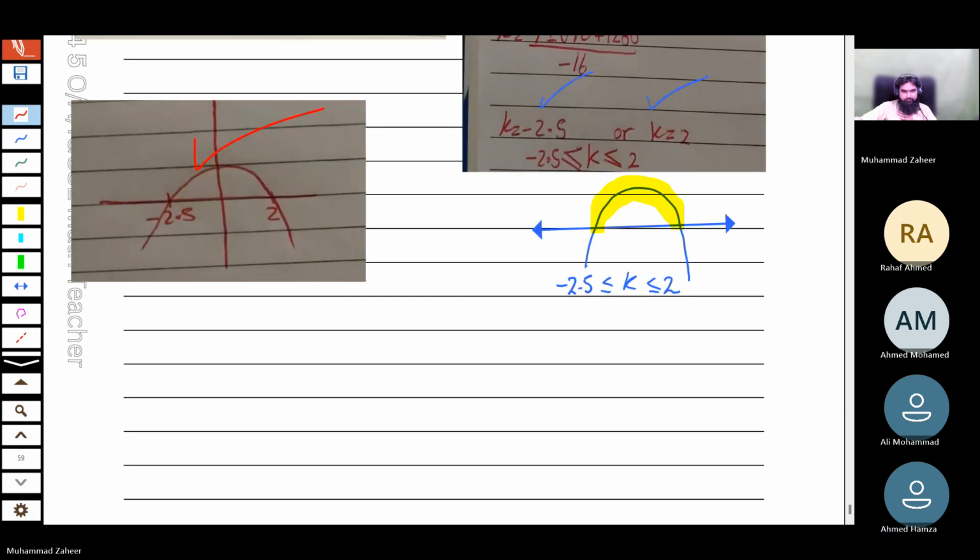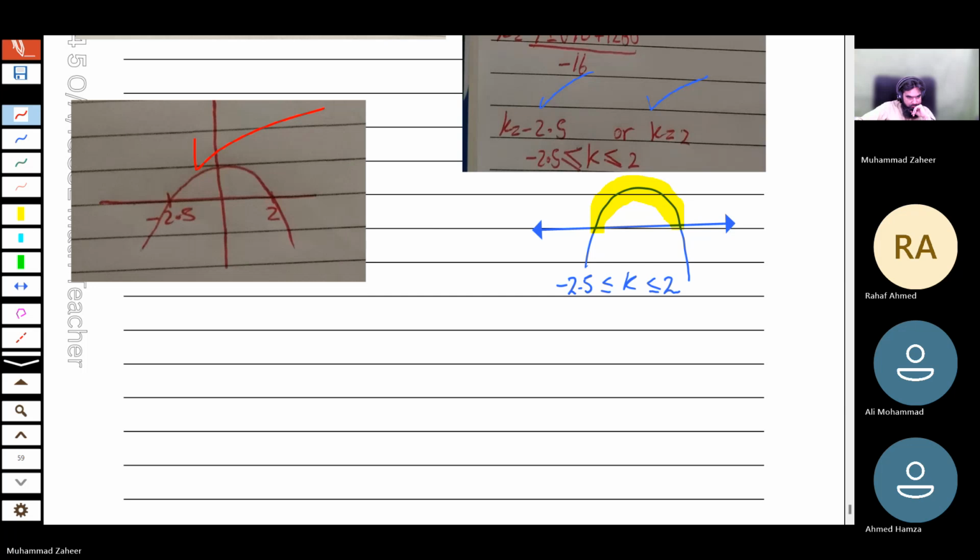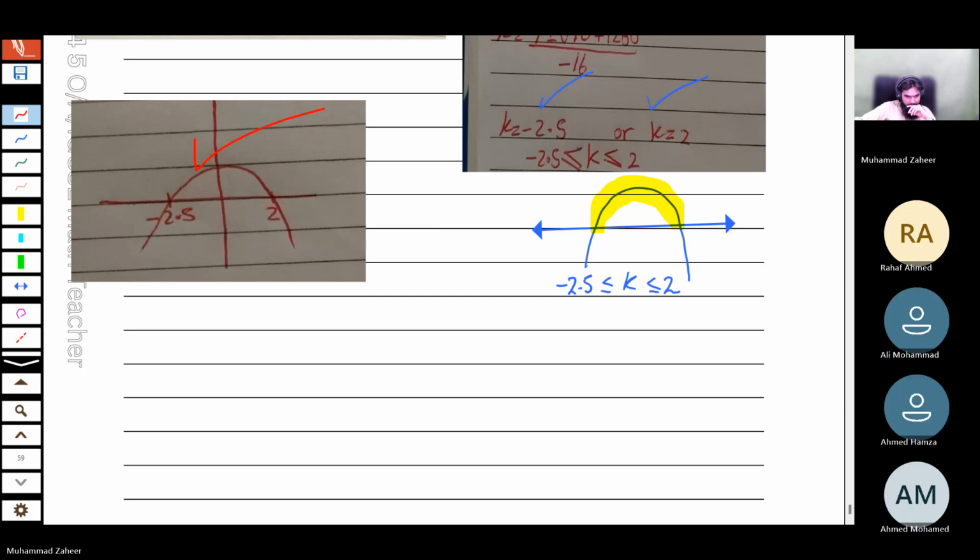So it's already checked. Yes, Rahaf, Ahmed, Hamza, please send the picture.